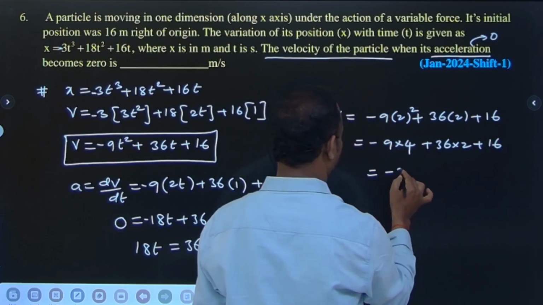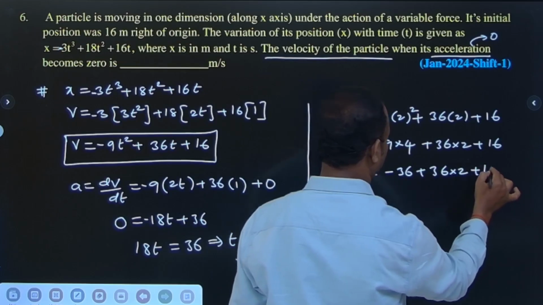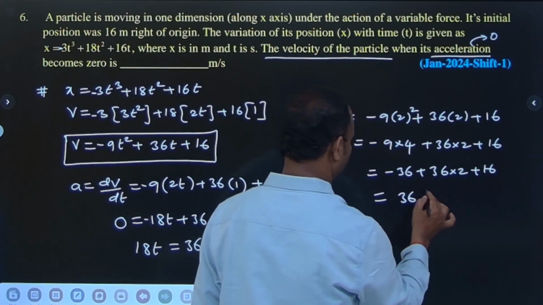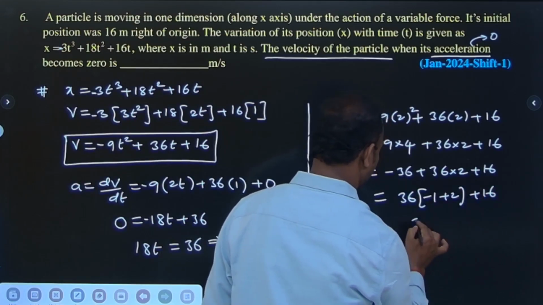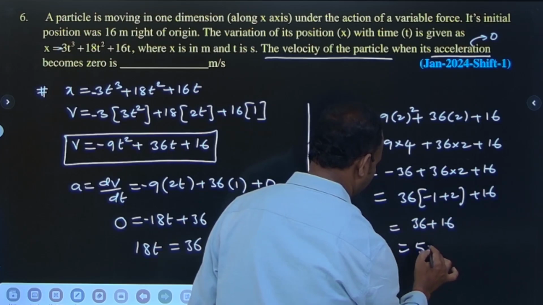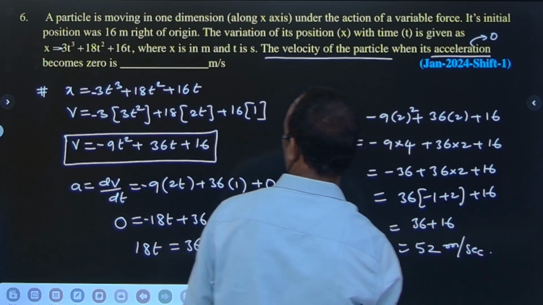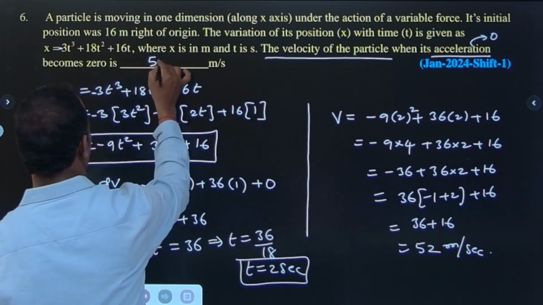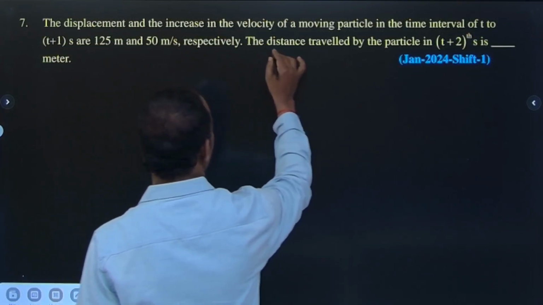So minus 36 plus 36 into 2 plus 16. 36 is common: minus 1 plus 2, plus 16. So this is 36 plus 16. The answer is 52 meter per second. So your answer is 52.